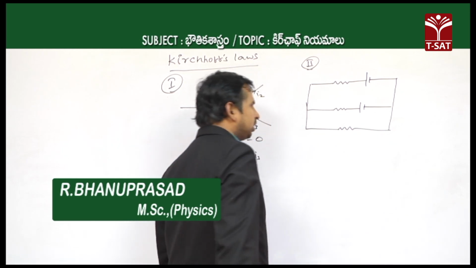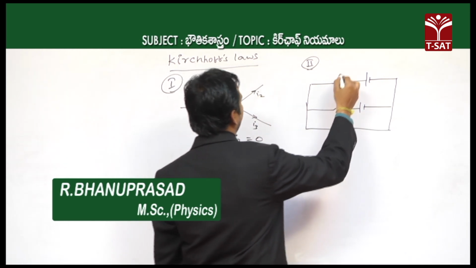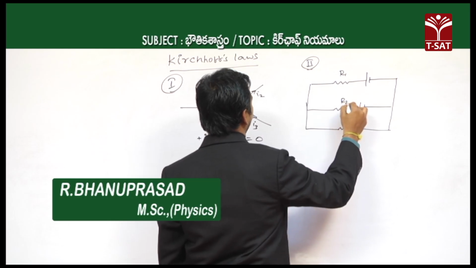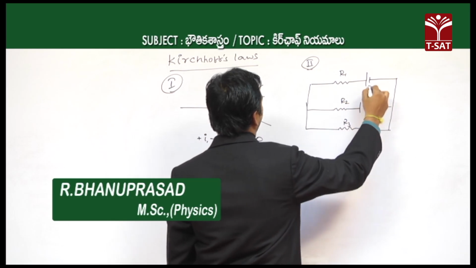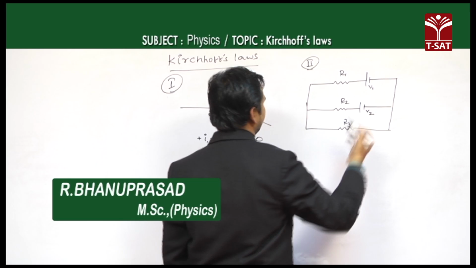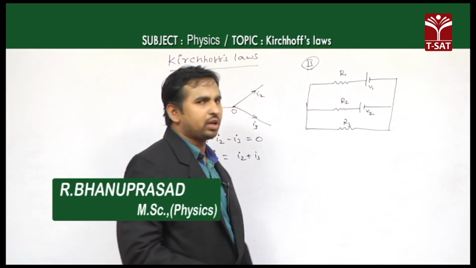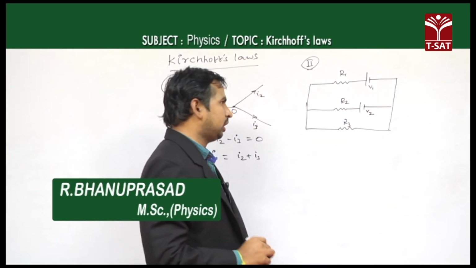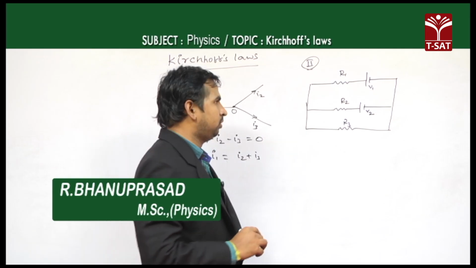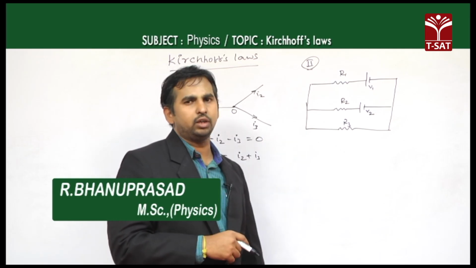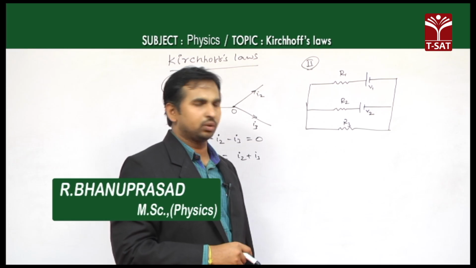In total we have three resistances, R1, R2 and R3, with voltages V1 and V2. R1, R2 and R3 are arranged with V1 as one potential difference and V2 as another potential difference.